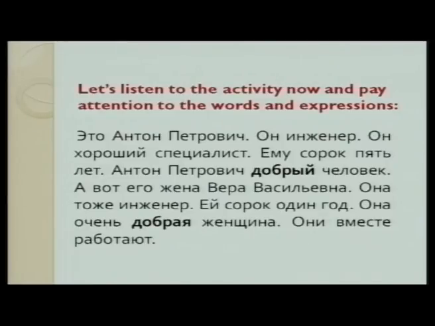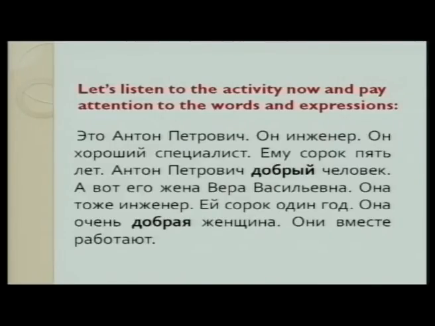And in this sentence, а вот его жена Vera Vasilievna, it is his wife Vera Vasilievna. Она тоже инженер. She is also an engineer. Whenever we are using an expression meaning also, we use тоже.